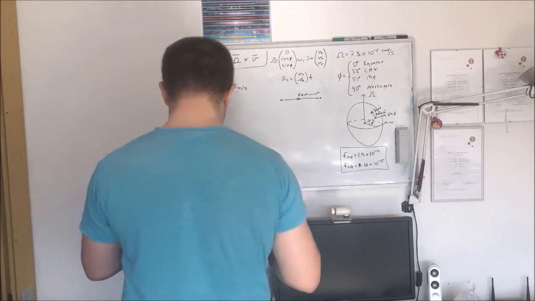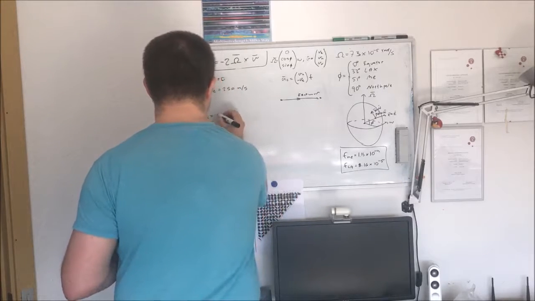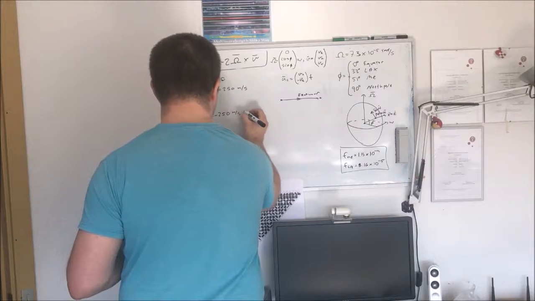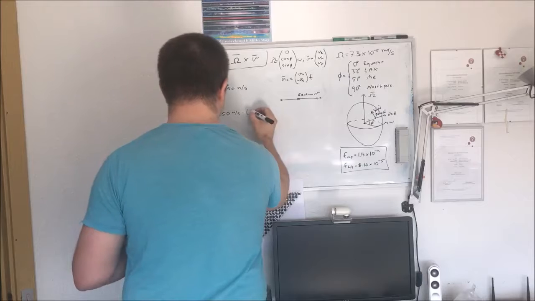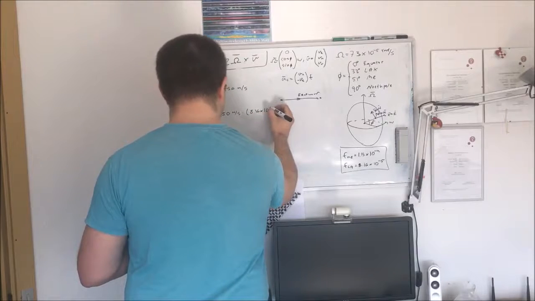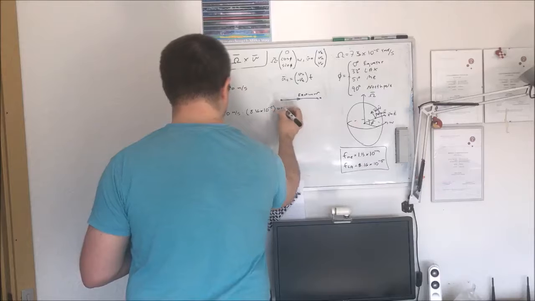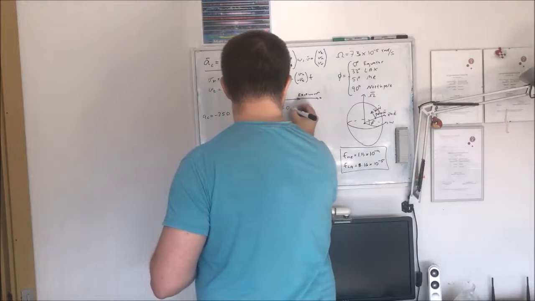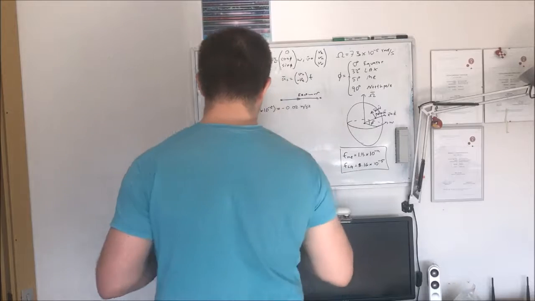So in this case we get minus 250 meters per second times 8.16 times 10 to the minus 5, and that is equal to minus 0.02 meters per second squared.